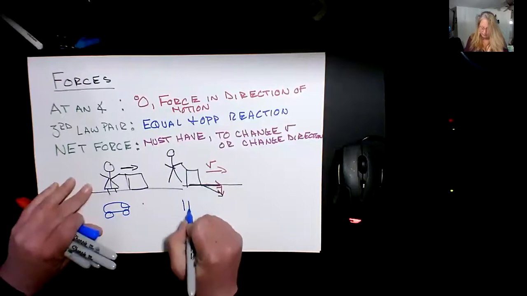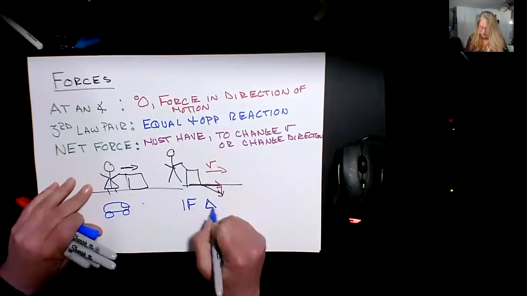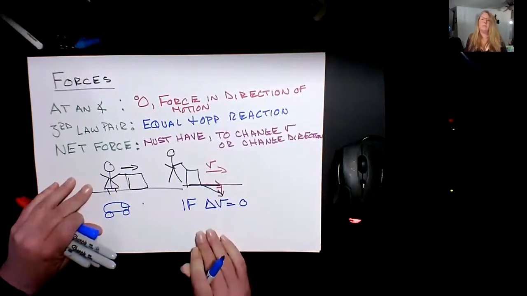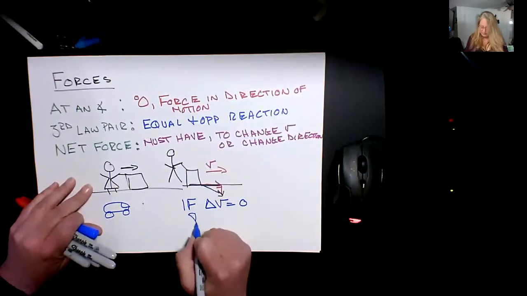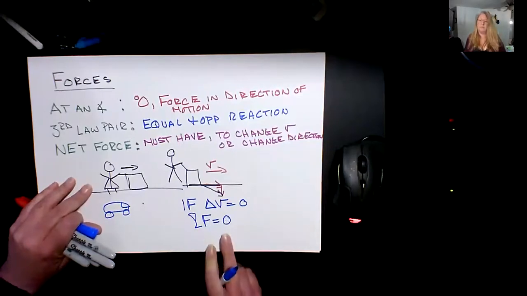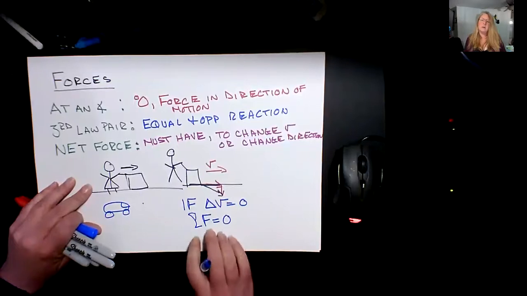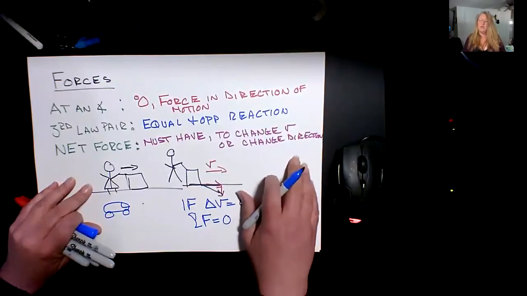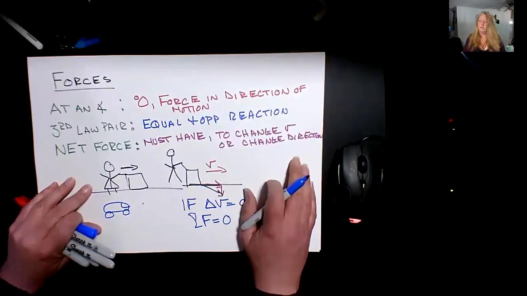So if my change in velocity, that's what this little triangle means, equals 0, that means the sum of my forces must equal 0. The sum of my forces must equal 0 if the change in velocity is 0 or the change in direction is 0. So straight line motion.